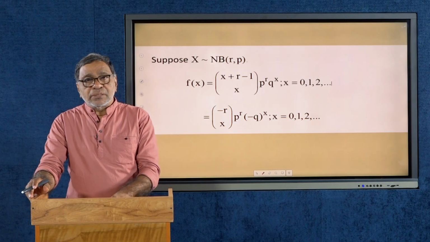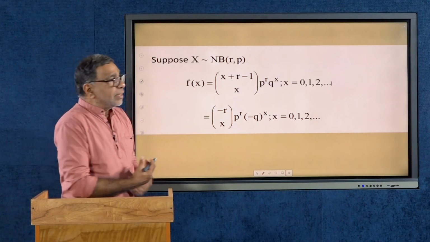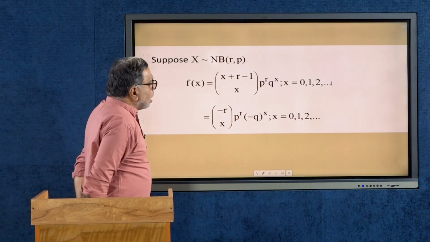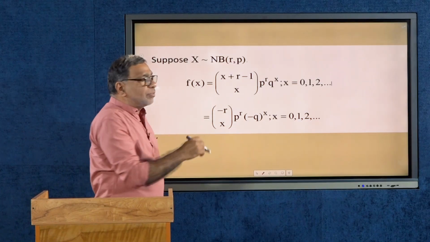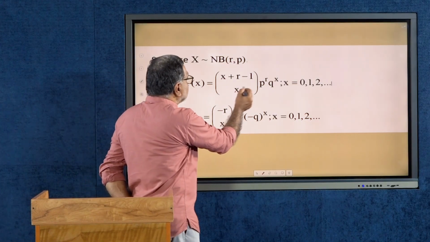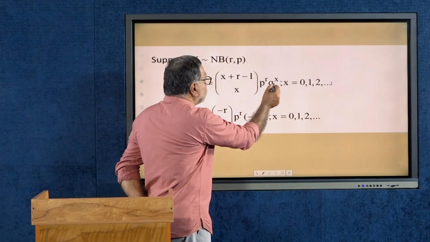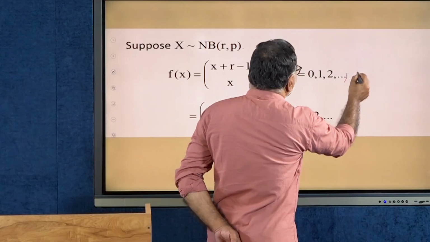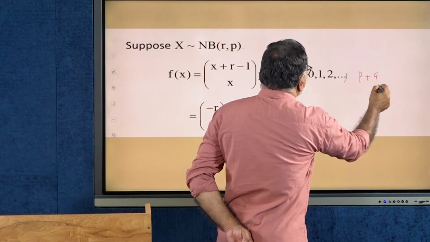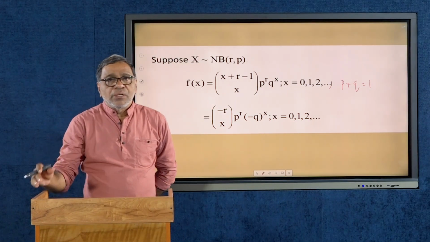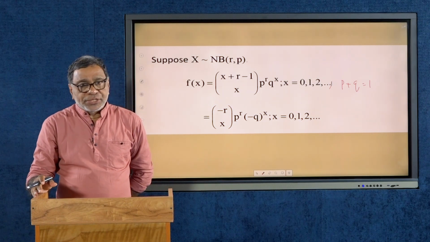We have X is a negative binomial random variable, and as usual our probability mass function is equal to (x plus r minus 1)Cx p power r q power x, where x is equal to 0, 1, 2, etc., and p plus q is equal to 1. So, this is our probability mass function.